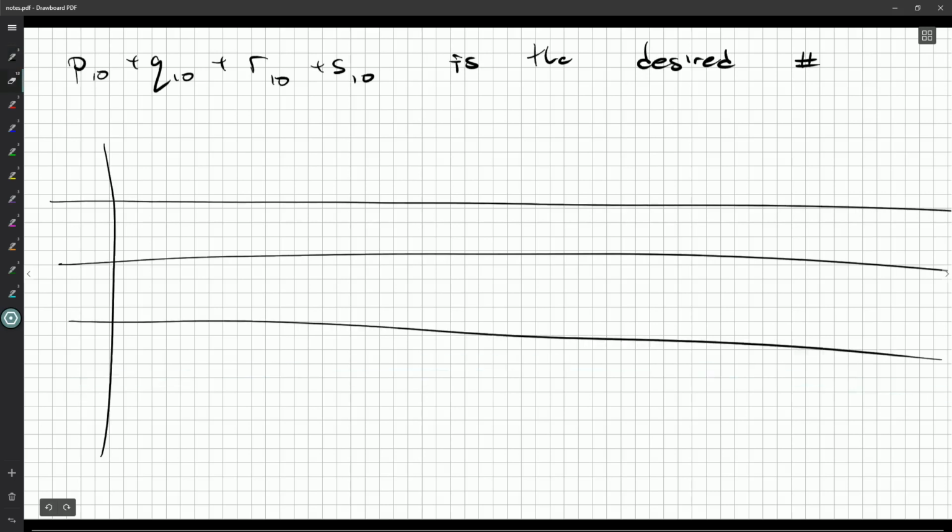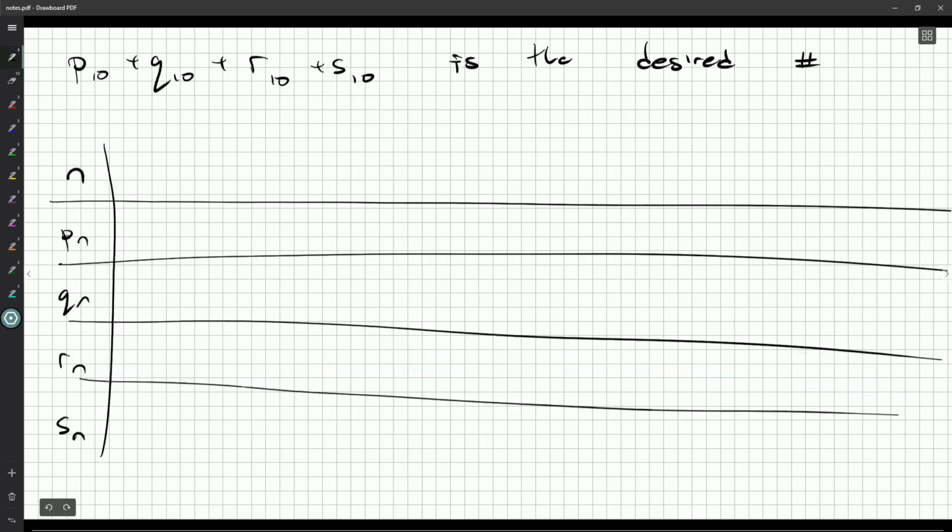Okay, and now I'm going to make a little chart here. Not enough space there. So we'll put the PNs here, the QNs here. I'll put N up here, RN, SN. So if N is 1, we're just going to build these up. We're going to get all the 1s, and then we're going to add on either an A or a B to the end and get the ones of length 2.